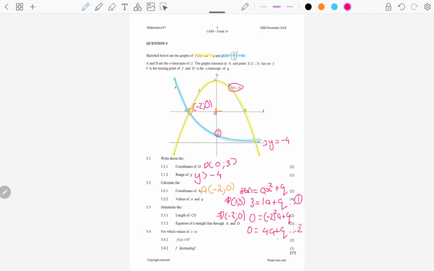And that will be equation 2. Oh wait, we can actually do something better. We can take the 4a to the other side. That will mean negative 4a is equal to q. That will be our second equation.